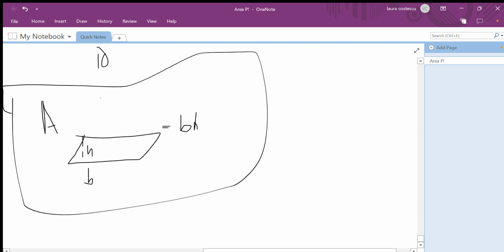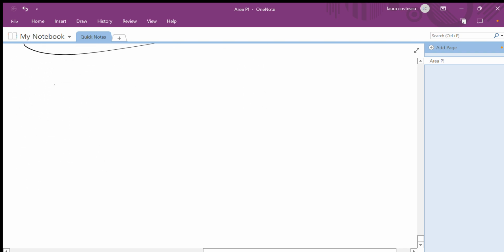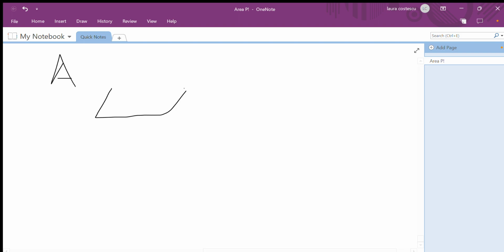For educational reasons and for practicing, give me the area of this parallelogram. Let's say its base is 10 and its height is 5. Well, if you need more time, pause the video. I'm not challenging you. But this will be 10 times 5, which equals 50.